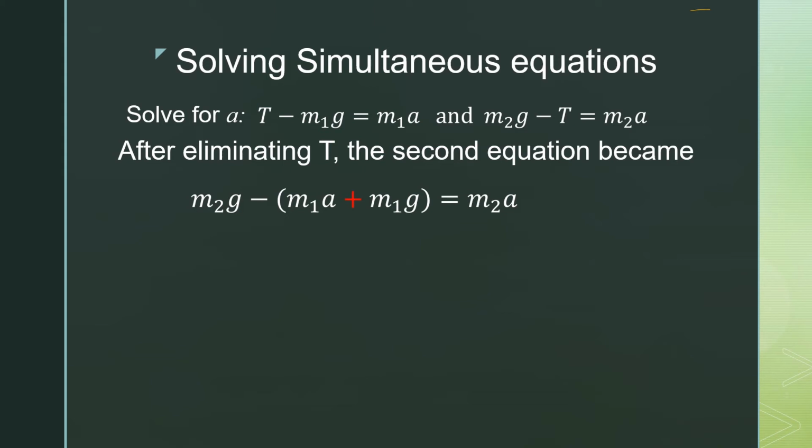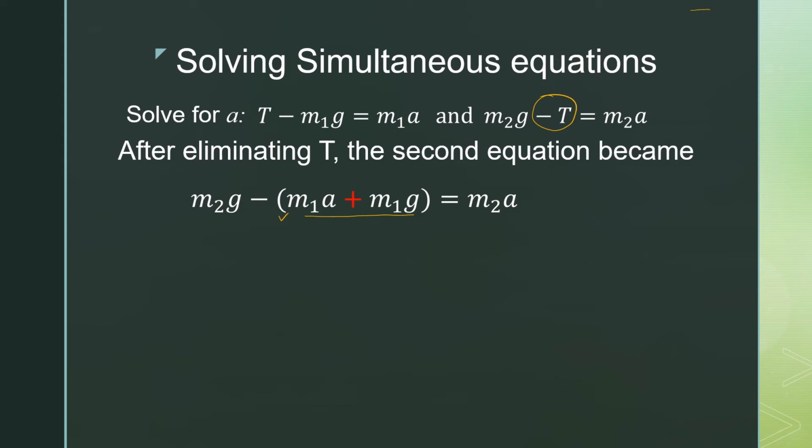After eliminating T, the second equation becomes this, where this one here takes the place of this T over here. So now open this parenthesis to take care of the negative sign.